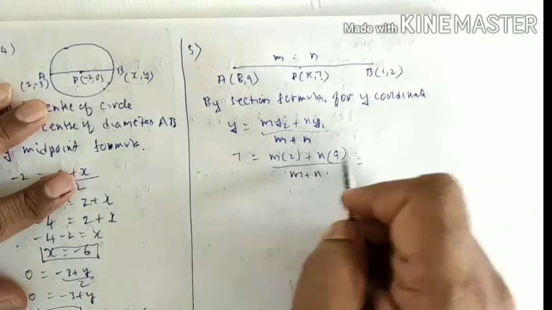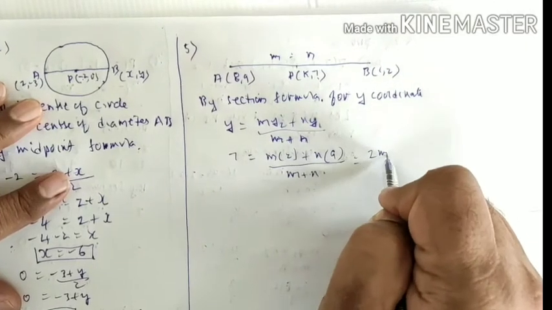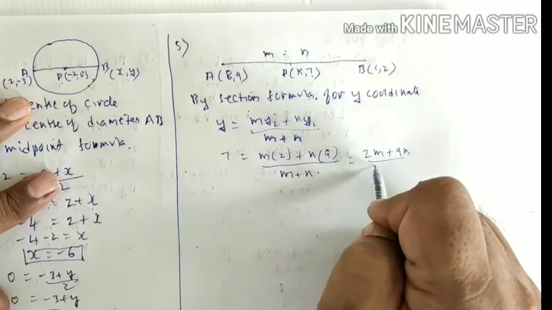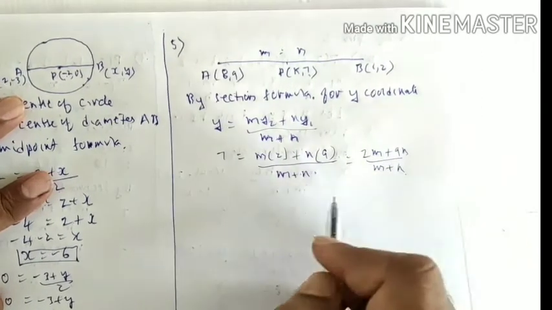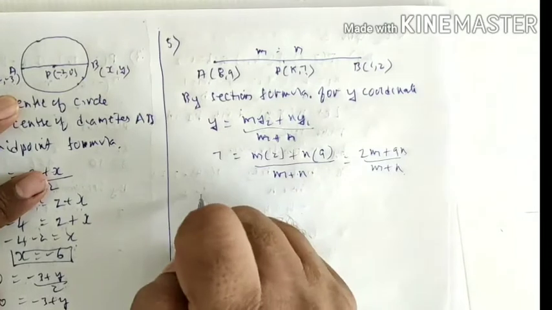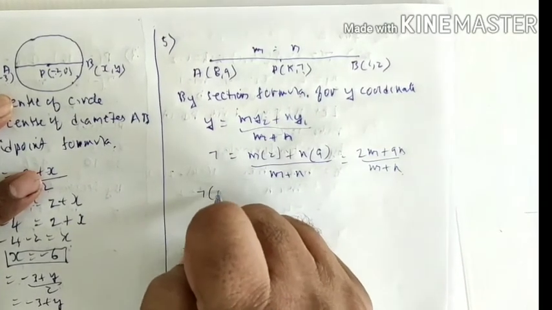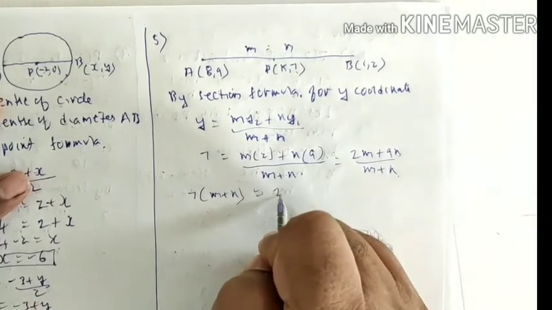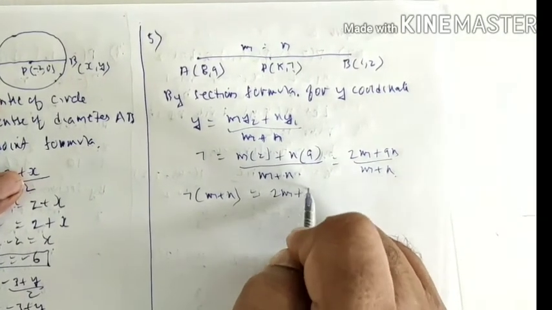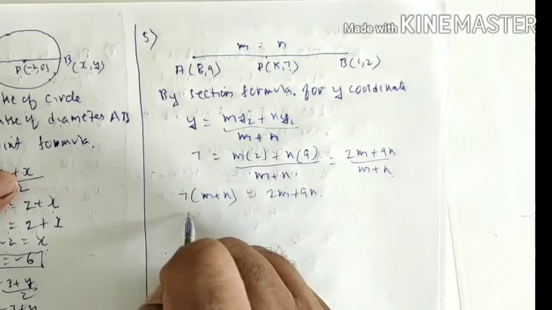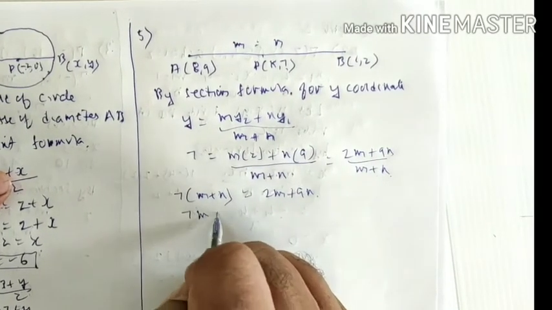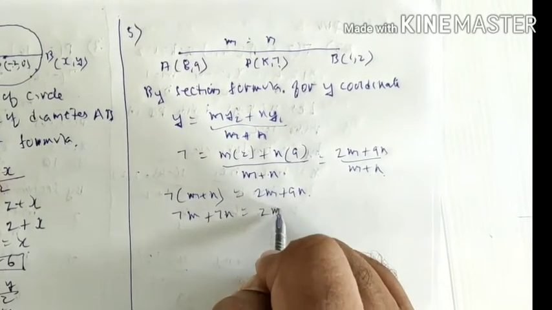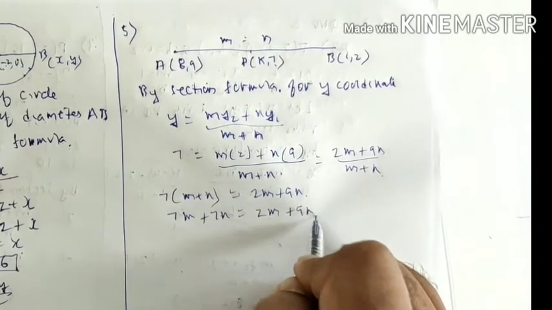It is equal to (2m plus 9n) upon (m plus n). Bring this m plus n to the left side. What do we get? 7(m plus n) is equal to 2m plus 9n, or 7m plus 7n is equal to 2m plus 9n.